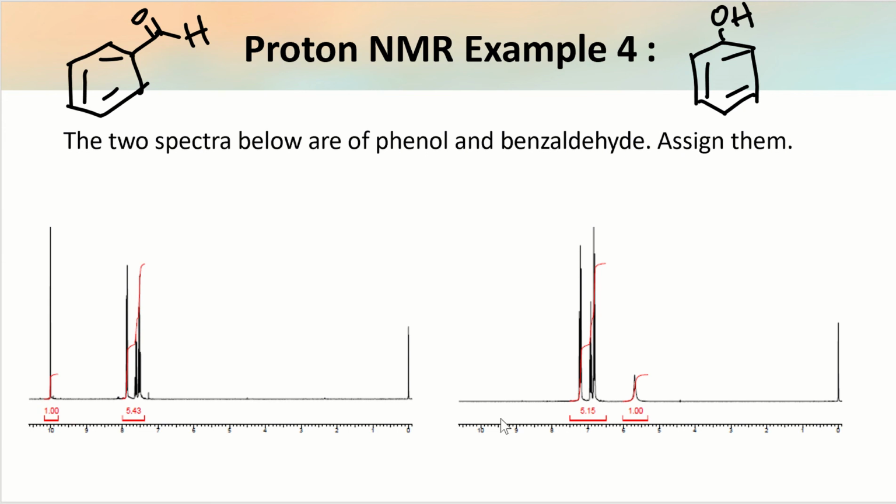Okay, so again, you might want to draw for your table, which you should be trying to remember, and you want to be looking for the chemical shift of aldehydes and the chemical shift of the hydroxyls, right?